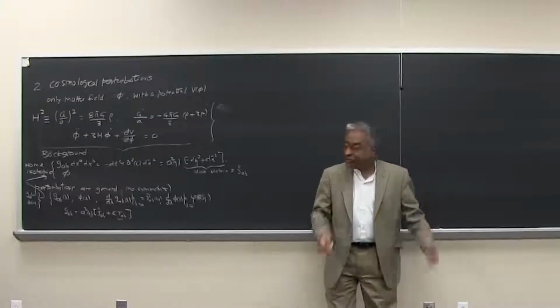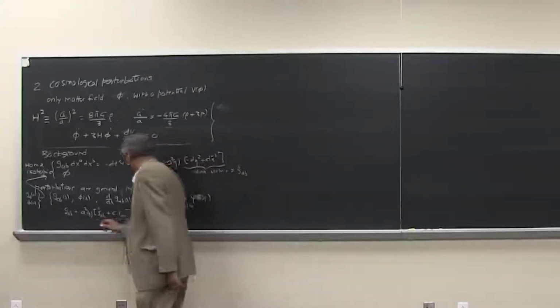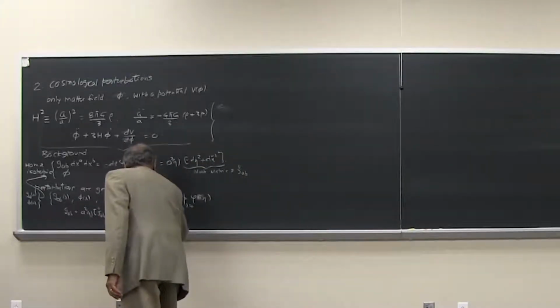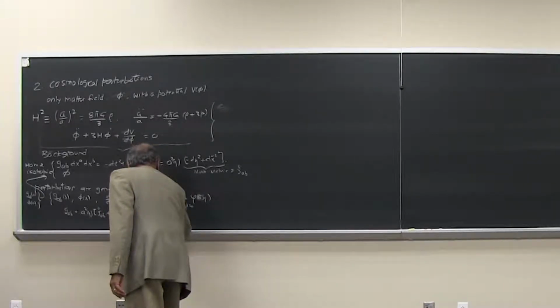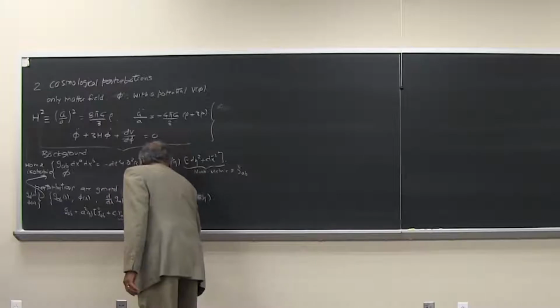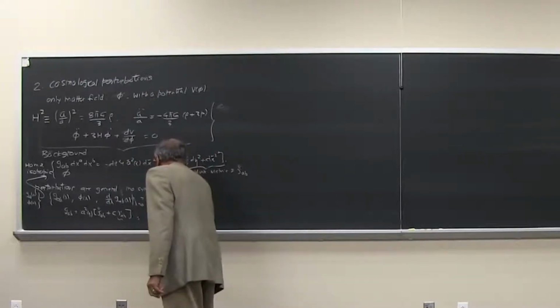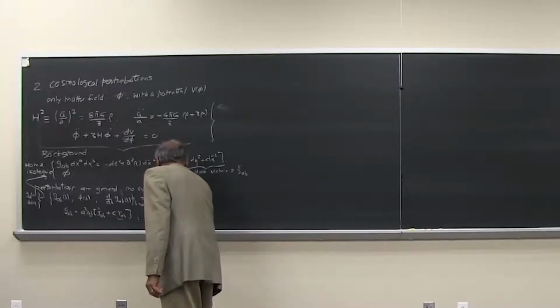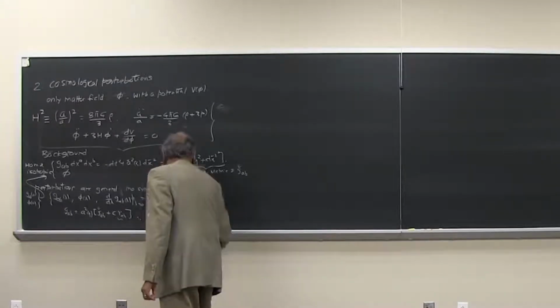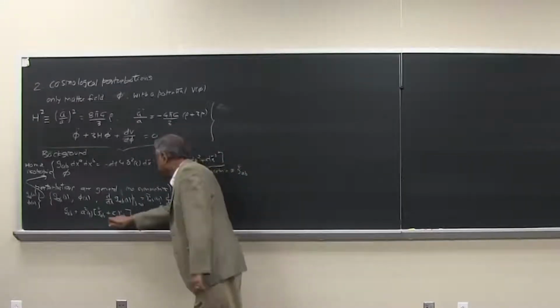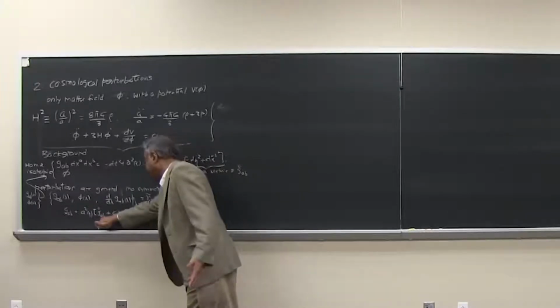Of course there are several ways of doing it. We can just take this metric. Let me call the scalar field bold-faced phi, which is going to be equal to the background phi plus epsilon times little phi. Again, the background is homogeneous and isotropic, in fact flat.